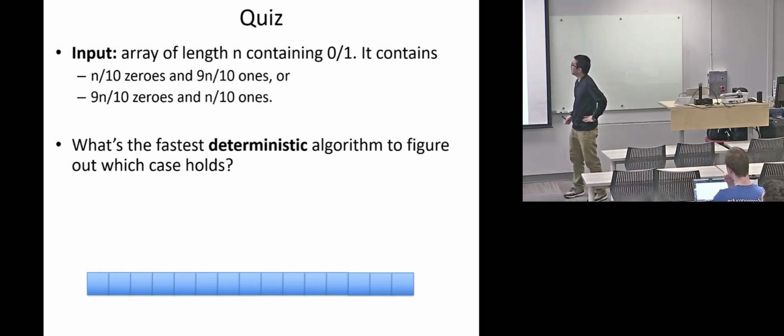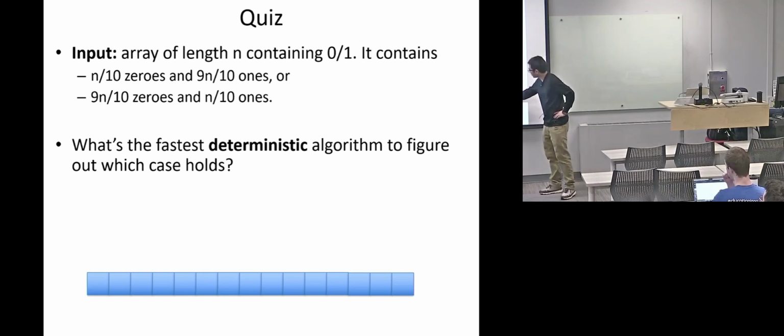Suppose that you have an array of size n, and I promise you that there are two cases possible. The first case is that a small fraction of cells, 10%, are 0, and most, 90% of the cells, are 1s.